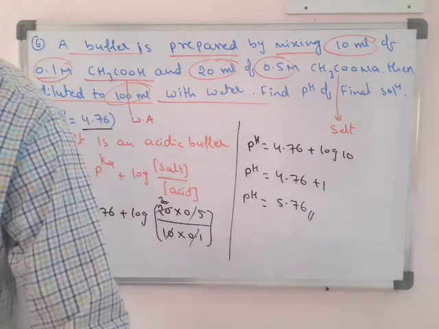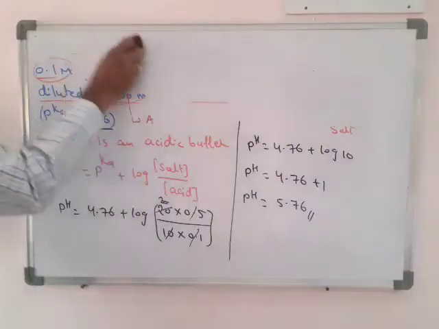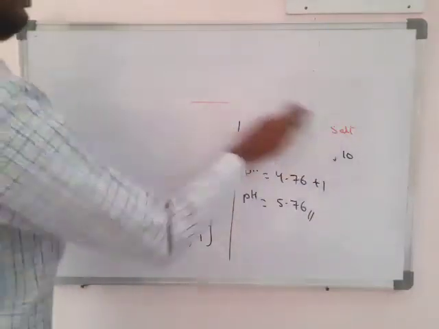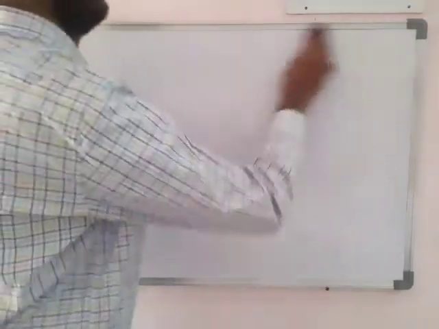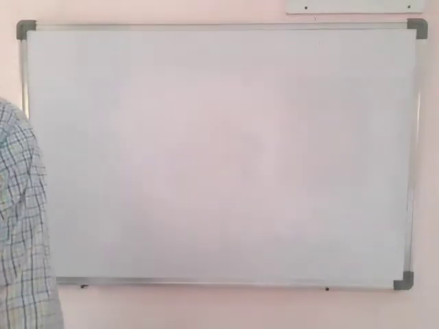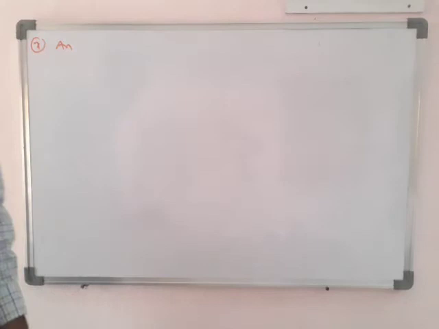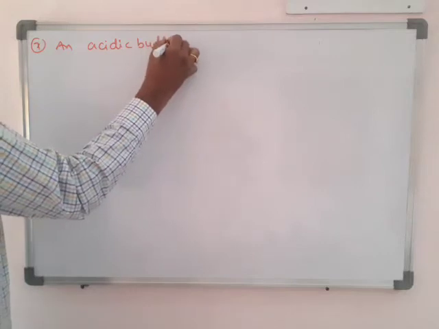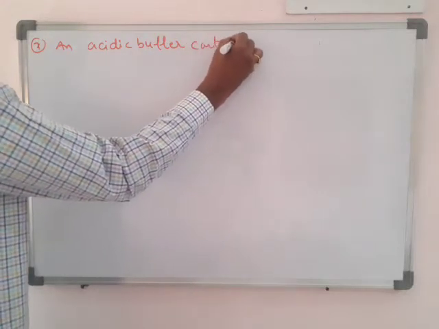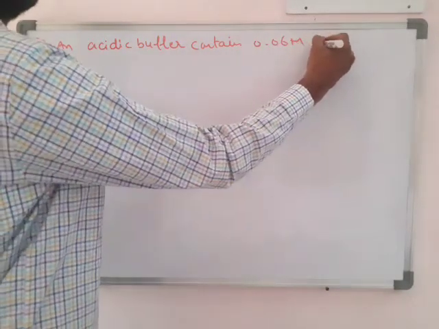Okay, let's see one more problem. See, the question is about an acidic buffer. An acidic buffer contains 0.06 M salt.